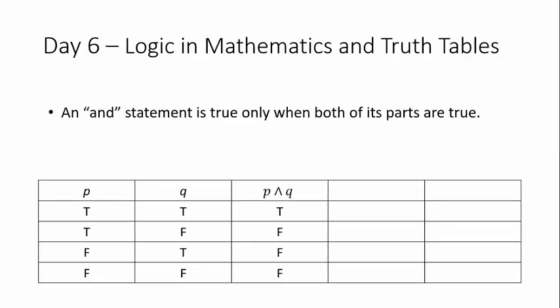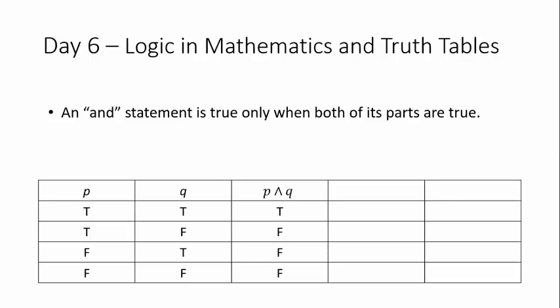So you'll see here in the truth table, I have the columns created for P and Q. And now we want to fill in the truth values for the conjunction P and Q. An and statement is true only when both of its parts are true. So when P and Q both have a truth value of true, P and Q is true.